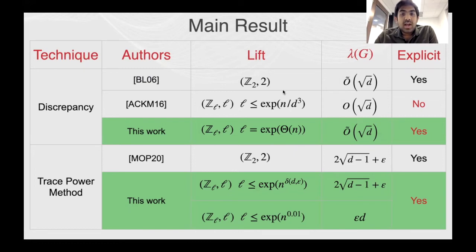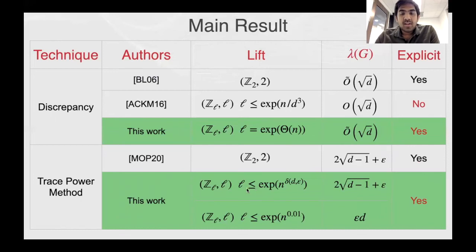Right? And on the other hand, we can also look at it as a de-randomization of the result of ACKM. So we give a simpler proof of their result with slightly weaker parameters using the lemma from Bilu and Linial, and we de-randomize.